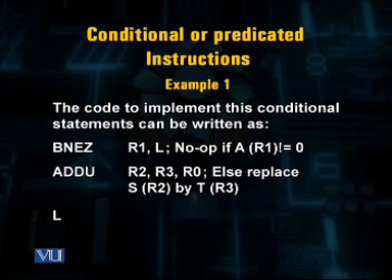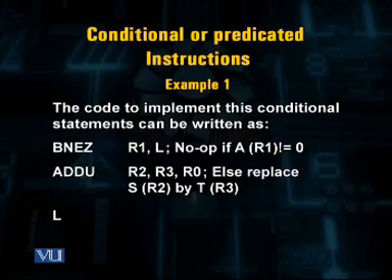As you can see from here, the branch location L is outside from the next instruction. And the second instruction here is basically the else part, which is add unsigned R2, R3, R0, meaning that add the contents of R0 to the contents of R3.